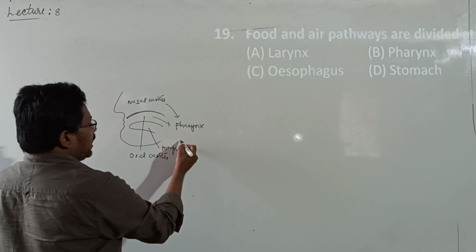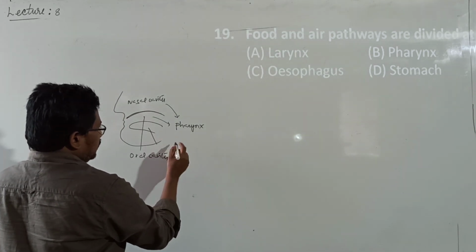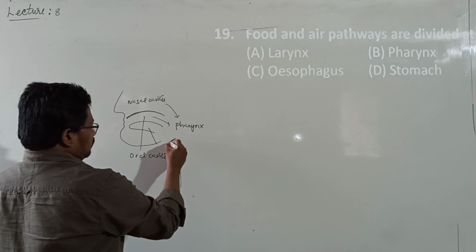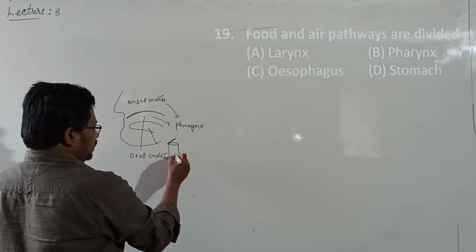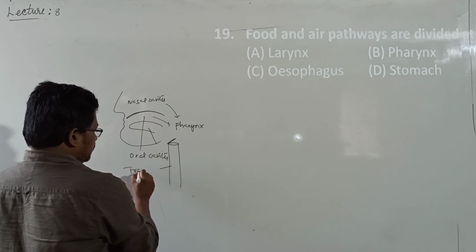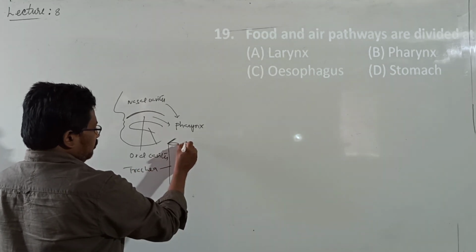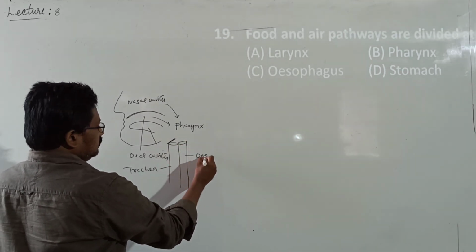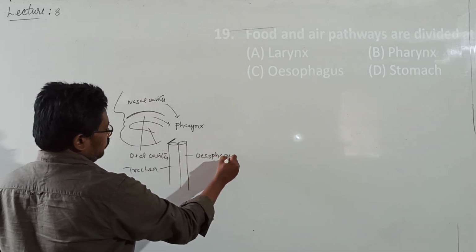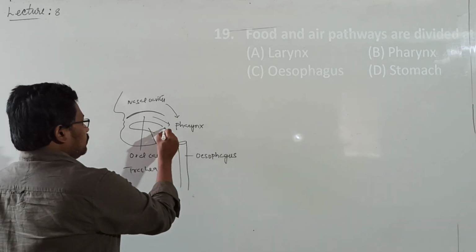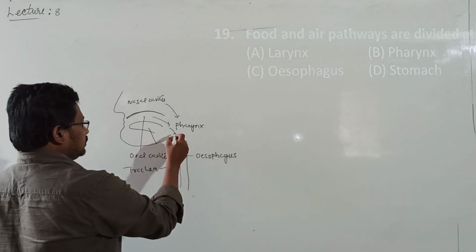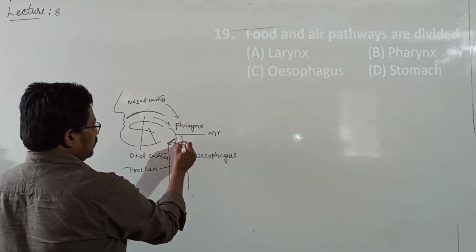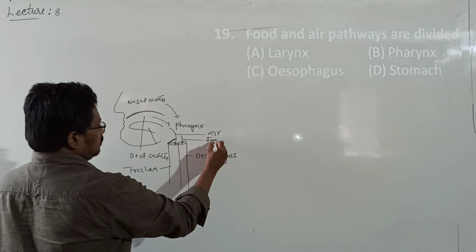So here the pharynx, and when we see in the front we have the epiglottis and the glottis, and this will be the windpipe, that is the trachea, and behind that you find the opening for the esophagus. So the air passes into this, whereas the food passes into the esophagus.